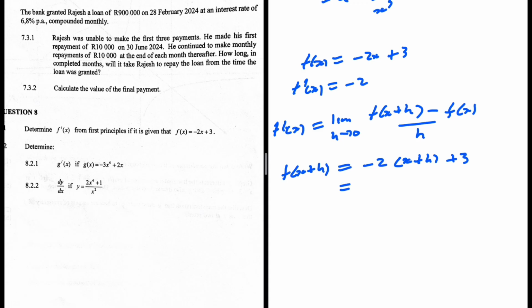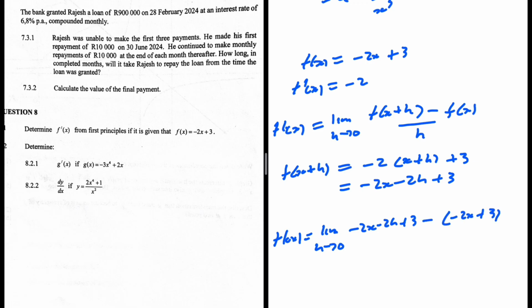This is equal to minus 2x minus 2h plus 3. Right. So f prime of x is therefore equal to the limit as h tends to 0 of minus 2x minus 2h plus 3 minus, minus 2x plus 3, everything divided by h.